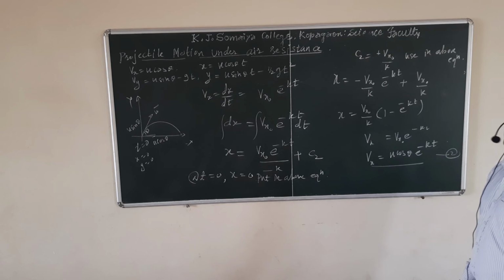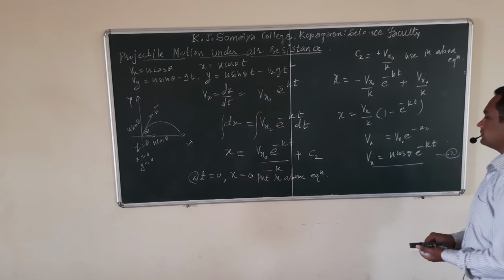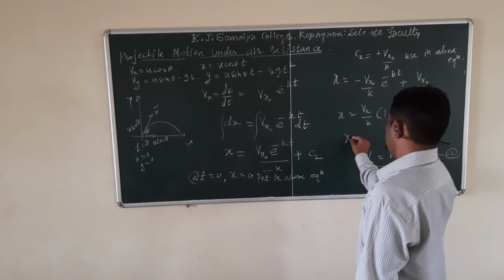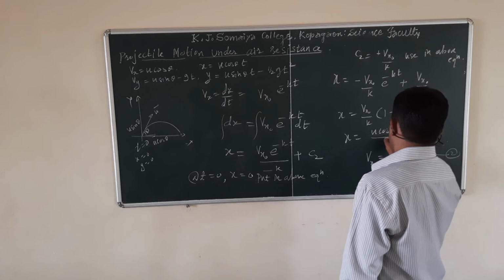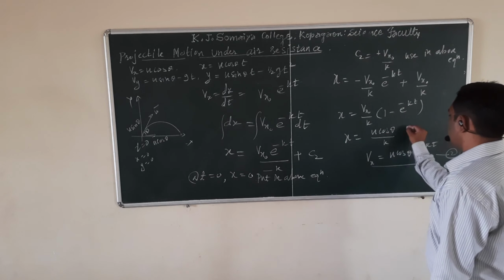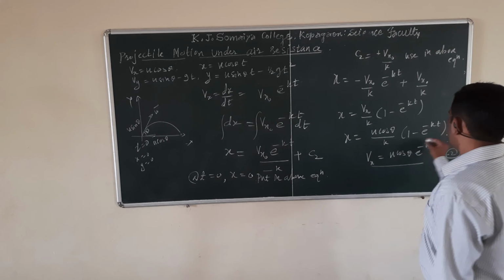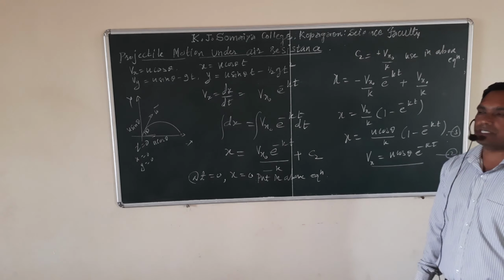By using Vx0 as u cos theta, it becomes x is equal to u cos theta upon k times 1 minus e raised to minus kt. So this is the instantaneous x position of that projectile.